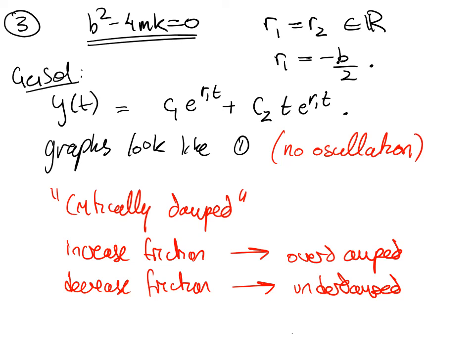Okay, so anyway, the point of this was that these numbers that you get from these equations have a very clear physical meaning. Complex numbers mean oscillation. Real numbers mean exponential decay.